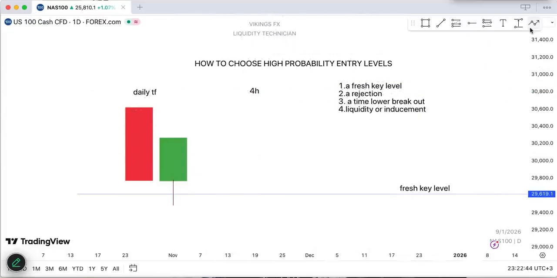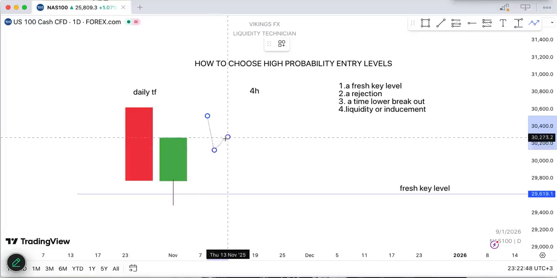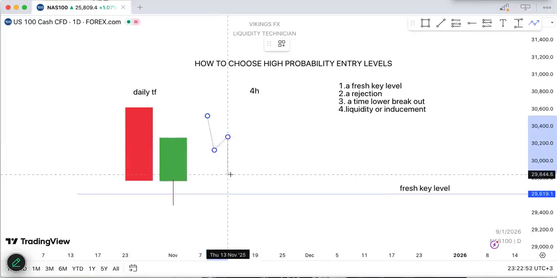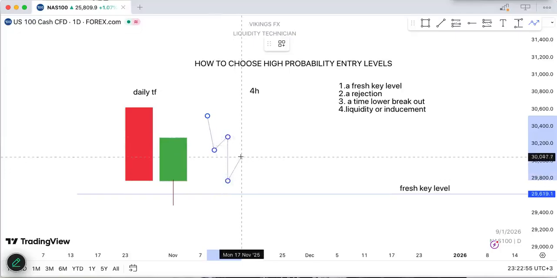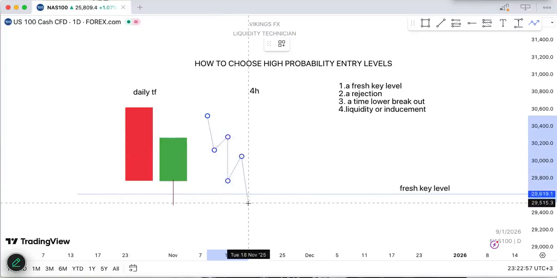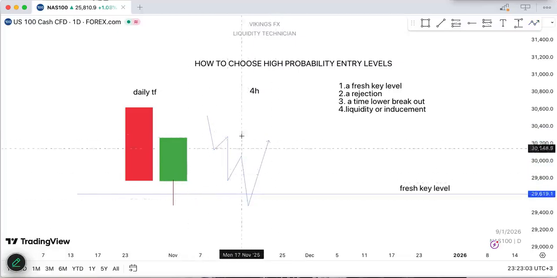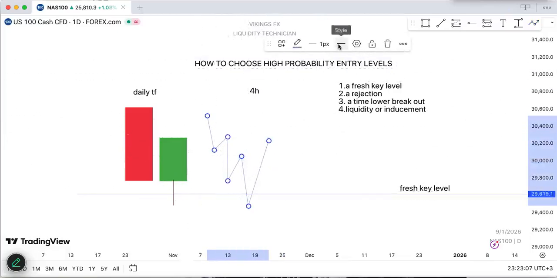So 4 hours will look something like this. Let me make this a little bit thicker.